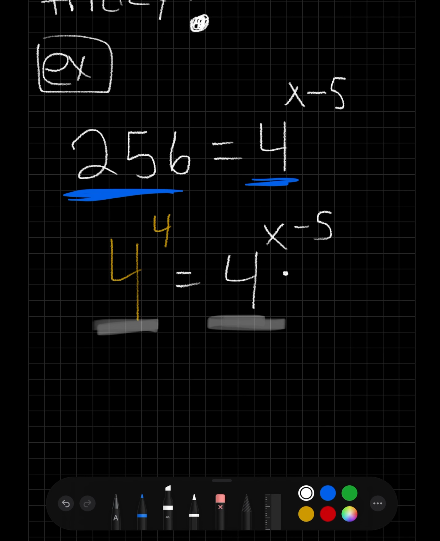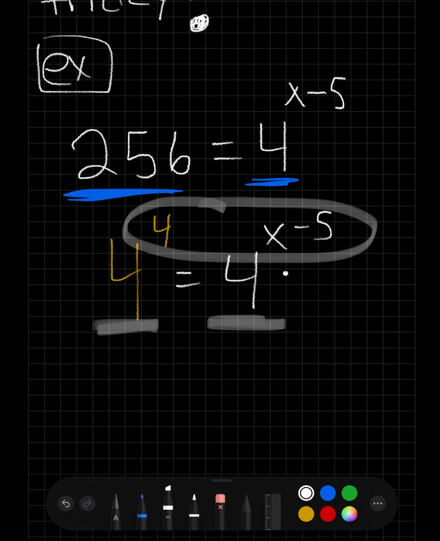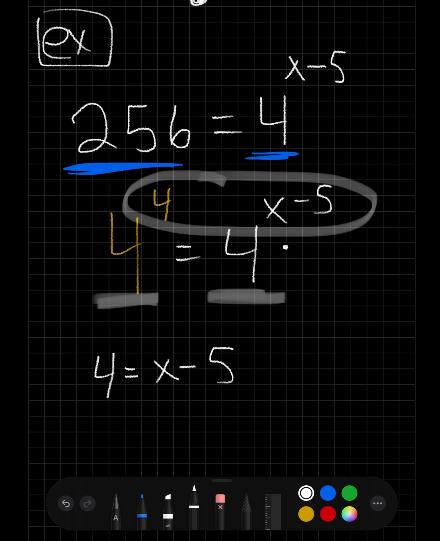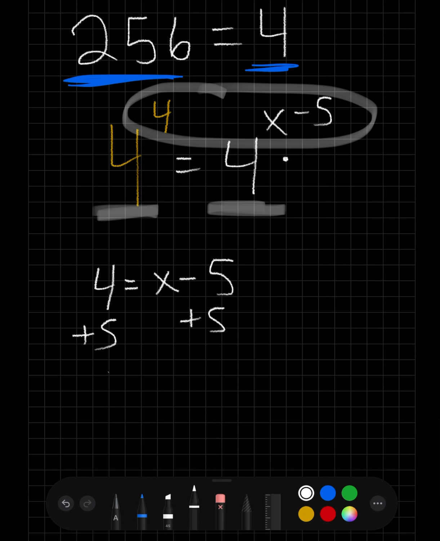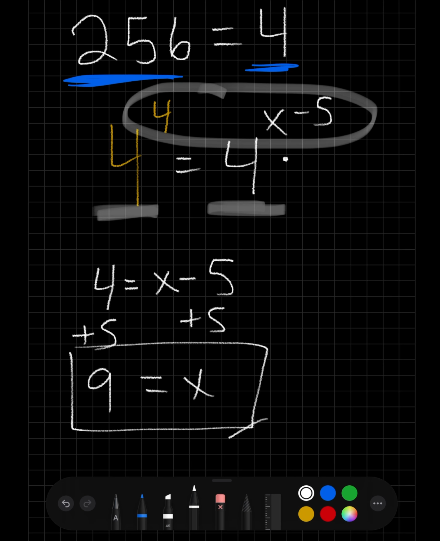And now this is a nice equation just like we had before. I have the same base, and so I can set my exponents equal. 4 is equal to x minus 5. I could add 5 to each side. I could get 9 is equal to x, and that would be my final answer. So sometimes you have to do a little bit of work to make the bases match.